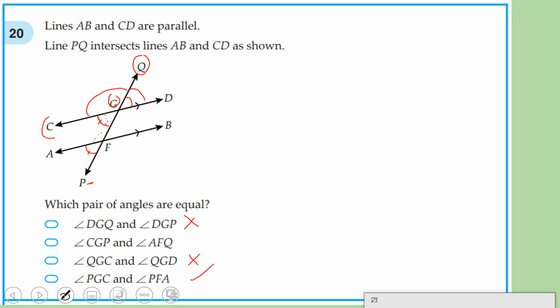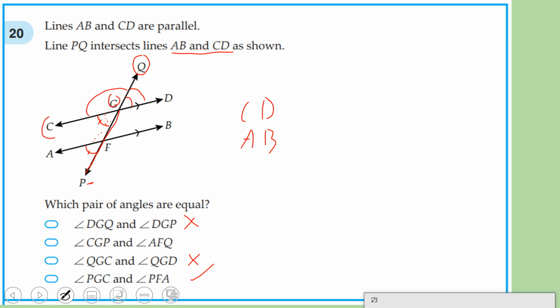So this one's the right answer, and it's because the AB line and the CD line are parallel, which is exactly what it says. So P to G is from this point to that point. So I'll just try and do a whole line, if it lets me. That line there.